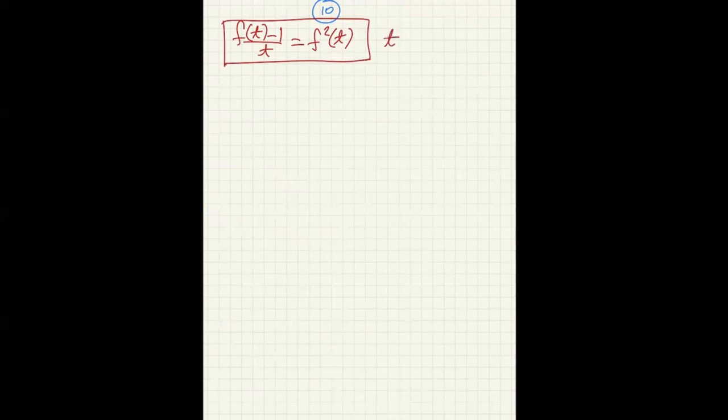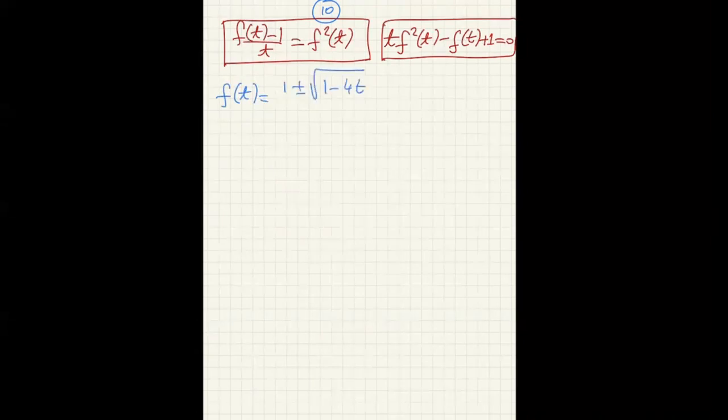So we move the t to the right, t f squared t, and we move everything to one side, minus f of t plus 1 equals 0. So this is a quadratic equation in f of t, and if you solve it, you're going to get two solutions. f of t could be 1 plus or minus square root of 1 minus 4t divided by 2t.